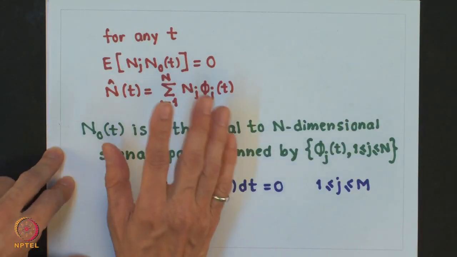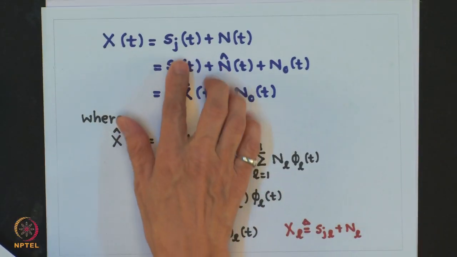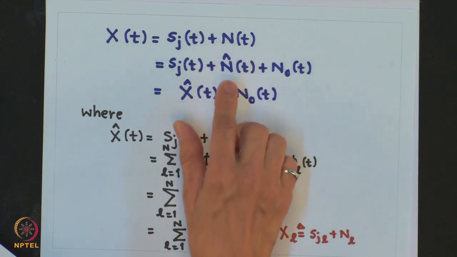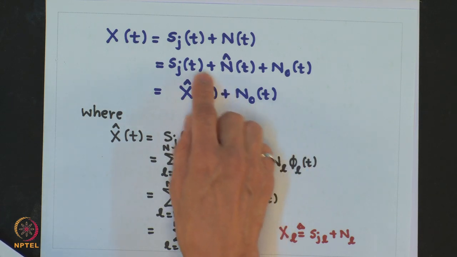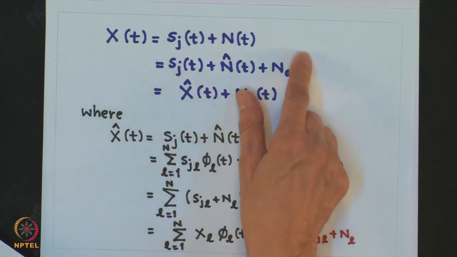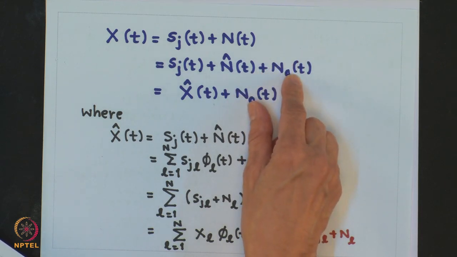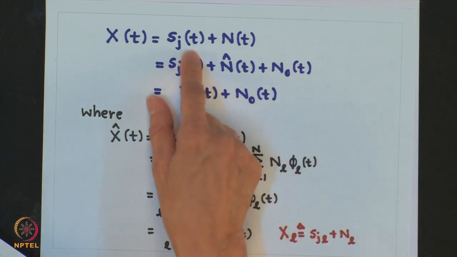To do that, let us recollect quickly. We have shown earlier that your signal xt is composed of sjt plus nt, and nt we have broken up into two parts. One component is in the same signal space as spanned by the message signal set, and there is another component n0t which you cannot represent by the basis signals used to represent the given signal set.